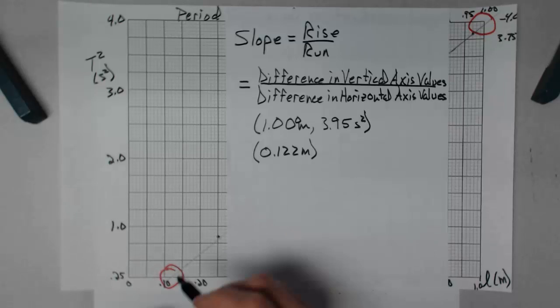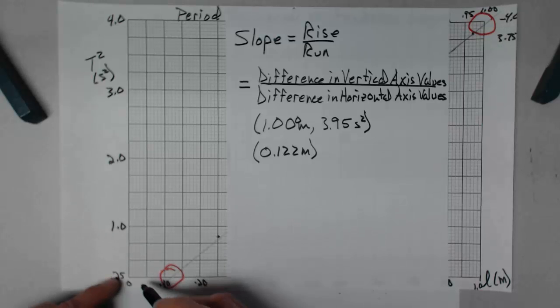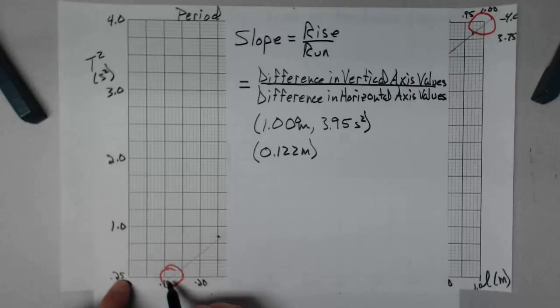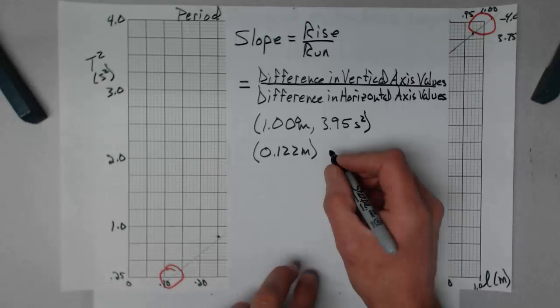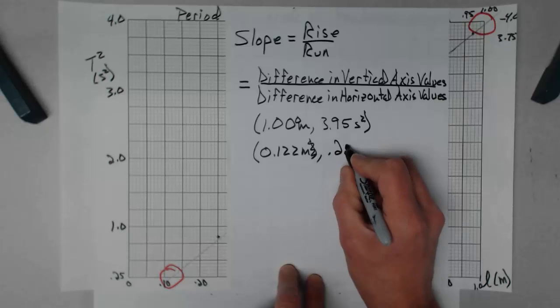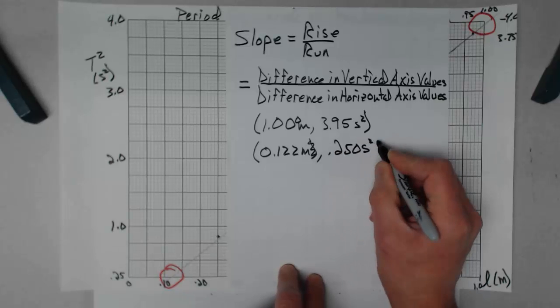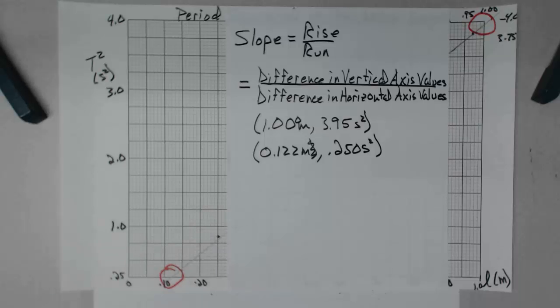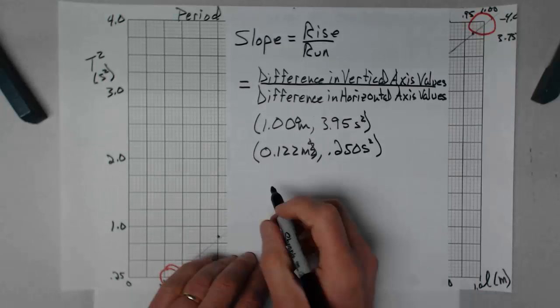All right, now what about the time squared on this axis? Well, it's crossing this major division here. At that point, it's 0.250 seconds squared. Okay, let's do the subtraction here.